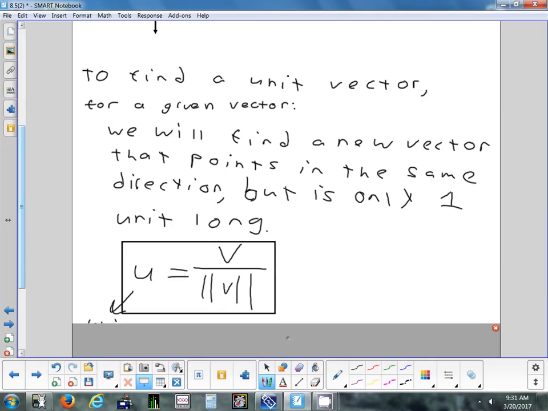Okay, doing this is exactly the same as this. This is what you guys said to me. Scale the vector by 1 over its length. Well, 1 over its length is exactly the same as dividing by its length. It's like saying divide by 3 or multiply by 1/3. It's the same thing.